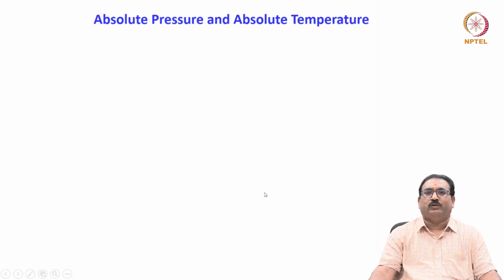Very quickly, going to the pressure drop calculations, some of the important parameters required are absolute pressure and absolute temperature. You have studied these things in many places, like in thermodynamics, fluid mechanics and many other courses.